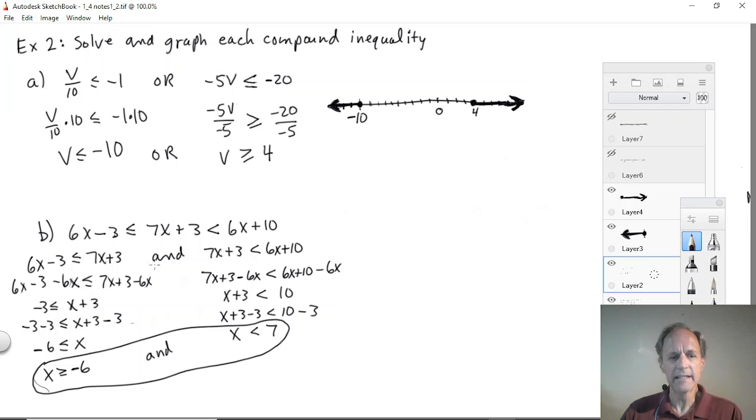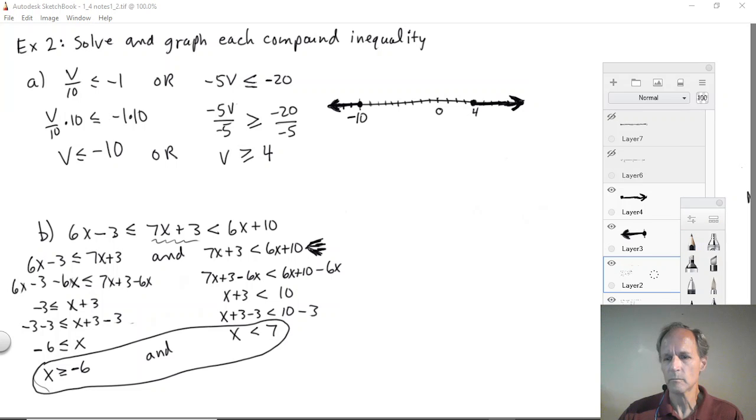But in this case, this is an and. So here's our original line, our and, right? Which was just a rewriting of the original problem, which was like a bracketed one. It had the 7x plus 3 in the middle. Rewrote it as an and. It's an and already at the beginning, but we rewrote it in a way that makes it more clear that it's an and.